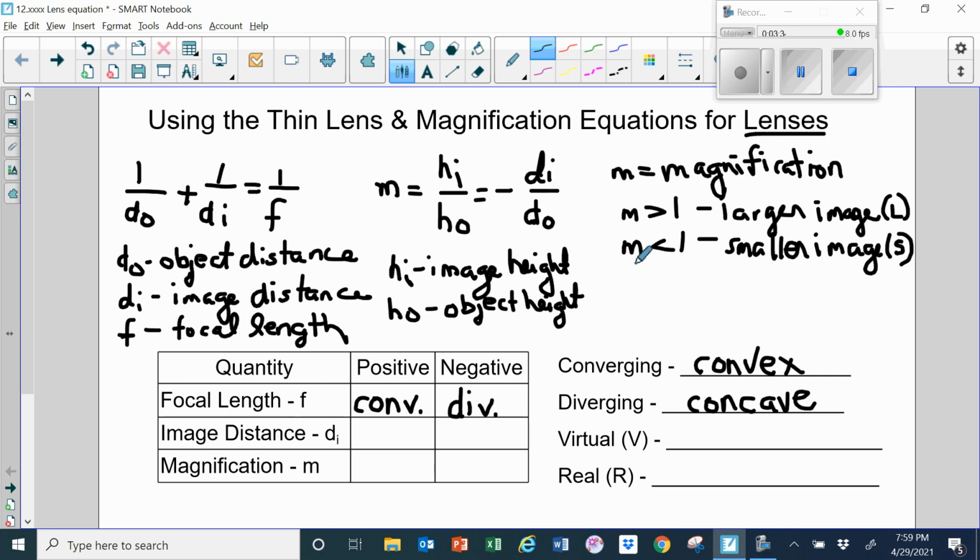The image distance di, if it is positive, then the image is real. I'm just going to write that R. A real image is an image that can be projected on a screen.